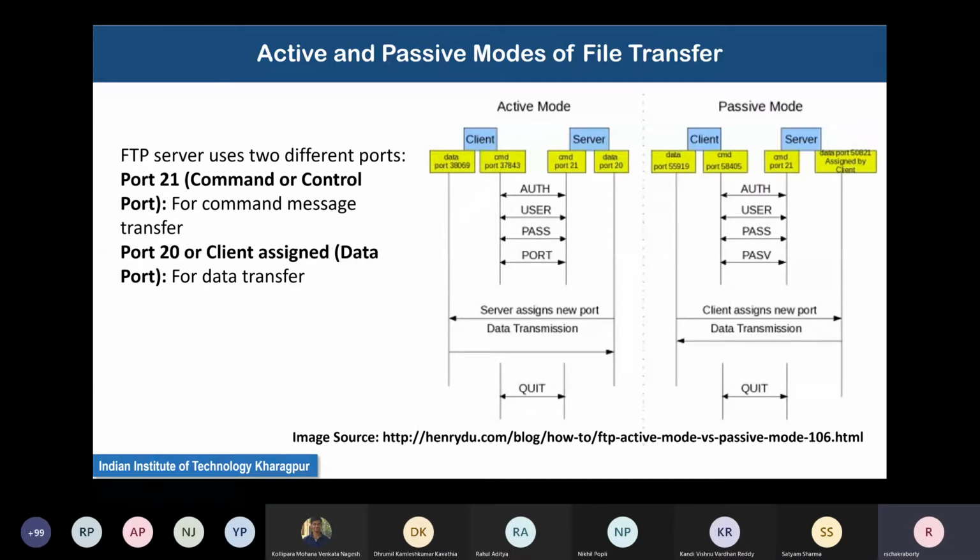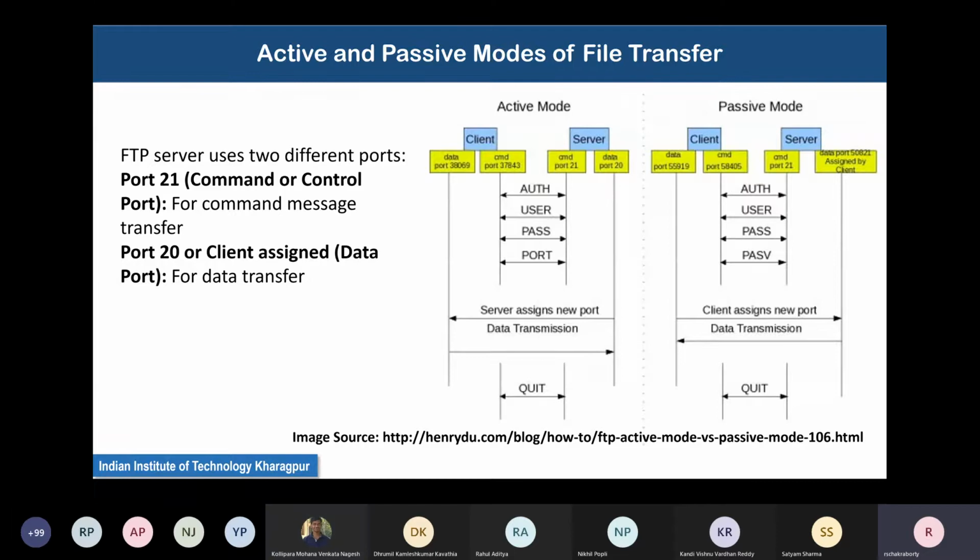Okay. If you recall, port numbers less than 1024 are reserved for particular applications, whereas ports above 1024 are called ephemeral ports or user process ports, which can be used by any application, and there is no fixed convention that the server process must use this port.